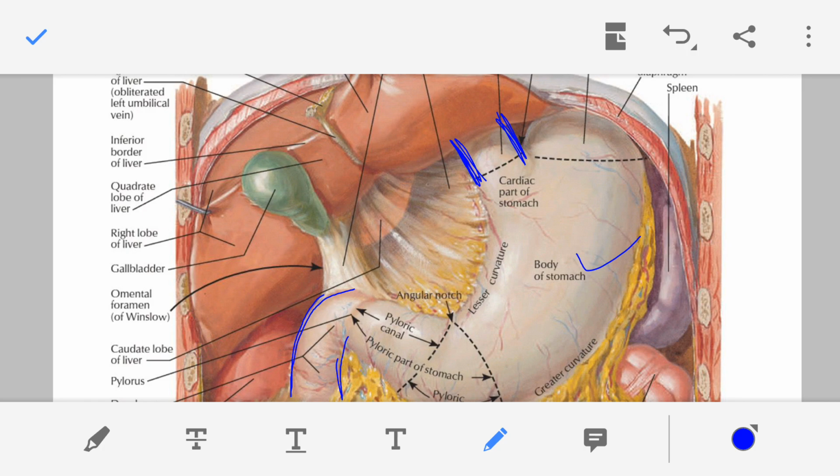Or in other words, the stomach is connecting the esophagus and duodenum. So this is regarding the shape of the stomach. It is a J shape, inferior to the diaphragm, present in the abdominal cavity, and it is the enlargement of the GI tract present between the esophagus and the duodenum.